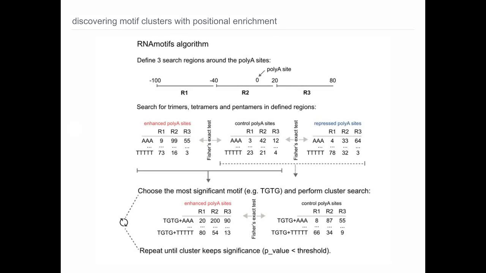Now, one way that we can also approach this problem is not looking at the CLIP data, but directly looking at the sequences of RNAs. And we've noticed that a lot of RNA binding proteins tend to recognize very short motifs on RNA. Sometimes they are made only of 2-3 nucleotides, and they can even be degenerate sequences. So it's quite difficult to predict the binding sites of RNA binding proteins.